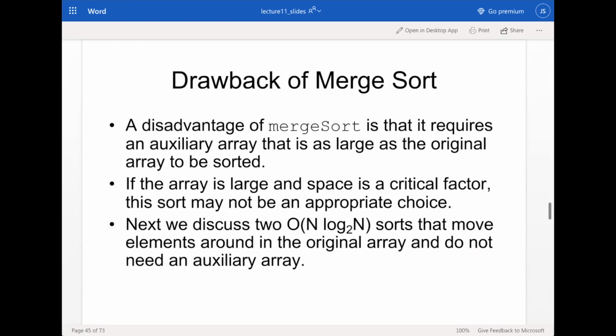As you remember, merge sort is a sorting algorithm that divides an array into two halves, recursively sorts each half, and then merges the sorted halves to produce a sorted array. Merge sort uses two methods: merge and merge sort.